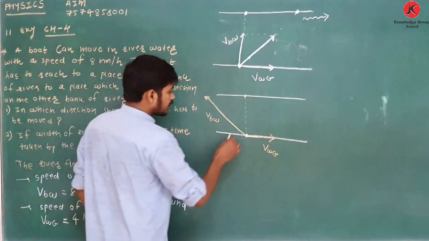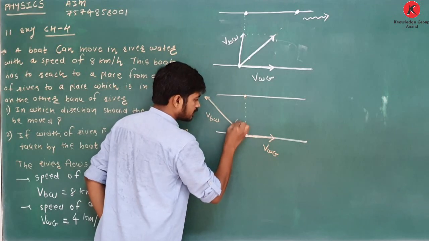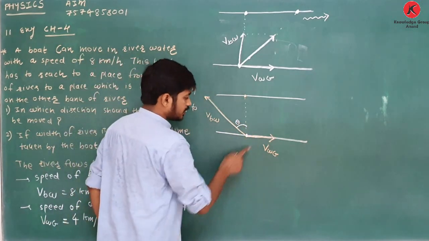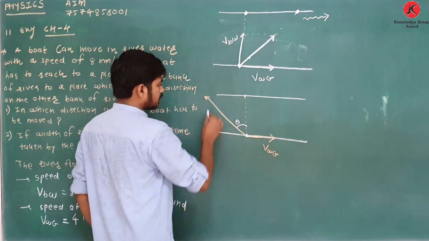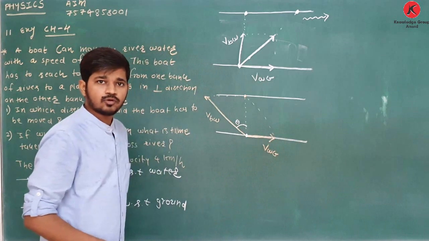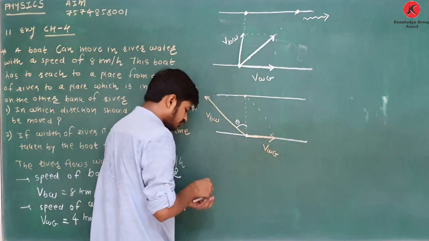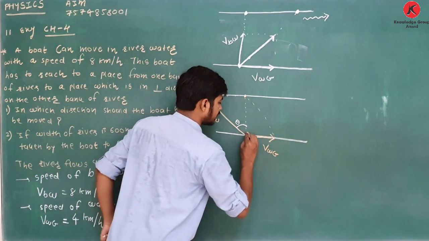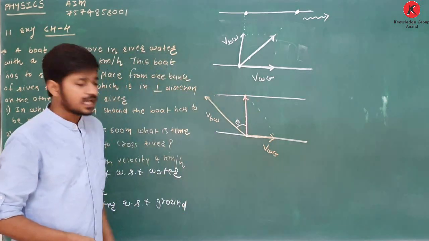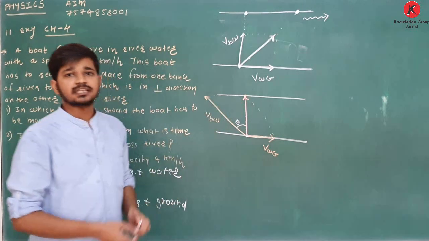If this angle is theta, then what happens? See, from this same common point, first vector, another vector. If I complete the parallelogram, and if the resultant velocity is in this direction, then I will reach at this same point.